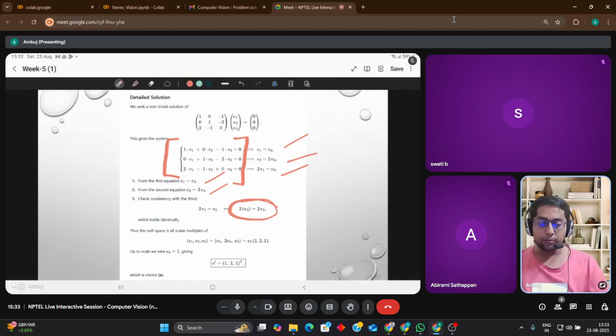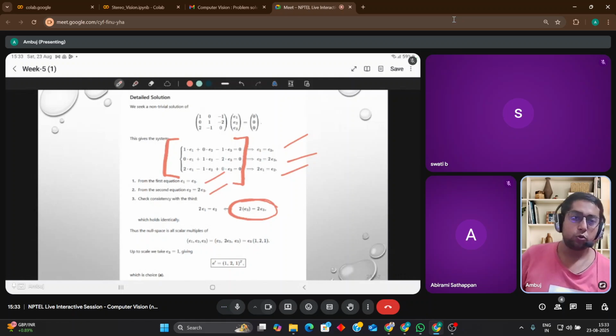The null space is all scalar multiples of E1, E2, E3. So by default, if you try to put just one single value, just 1 second.